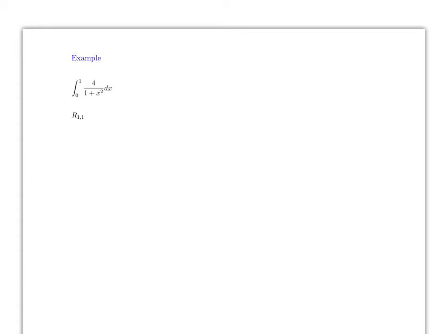So remember, R11 is the original trapezoid, which is just going to be equal to h over 2 times f of a plus f of b, where for this particular case, h is just b minus a. So therefore, in this particular case, this will just be 1 over 2. That means h is equal to 1.